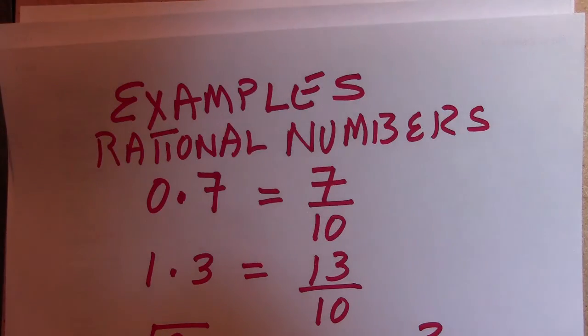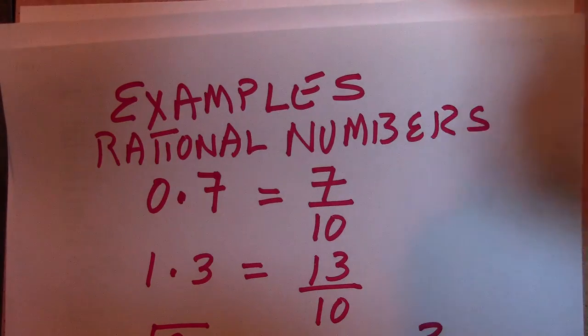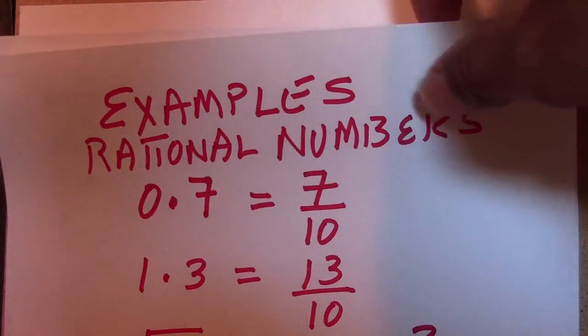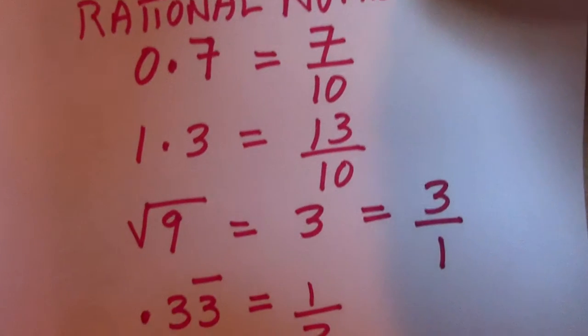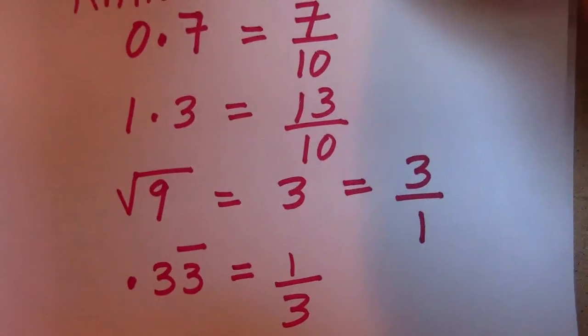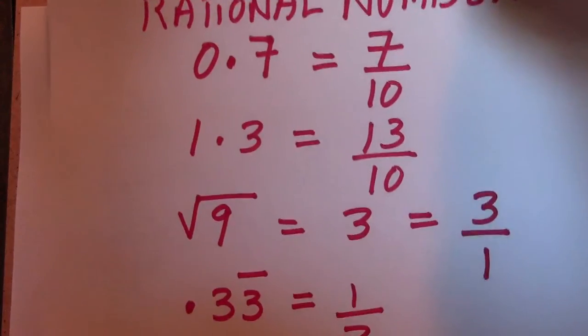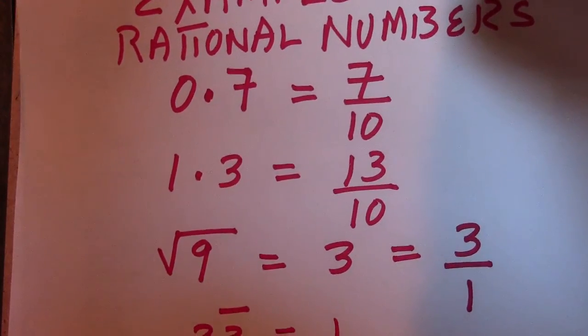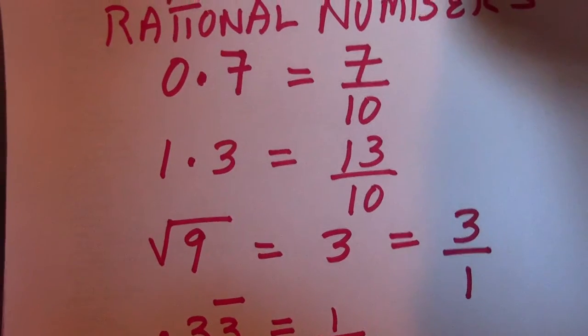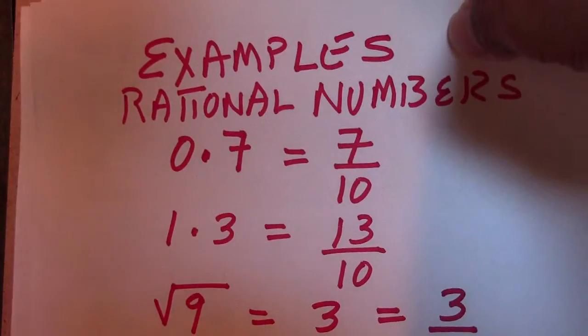The square root of 9, which is reducible to the integer 3, is a rational number because it can be expressed as a fraction 3 over 1. Even the recurring decimal 0.33 is a rational number because it in fact is a fraction 1 over 3.